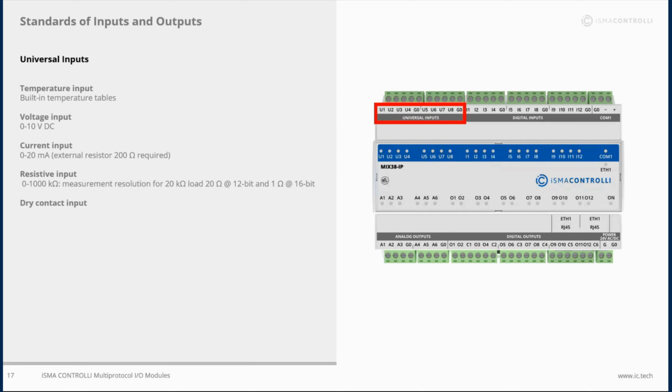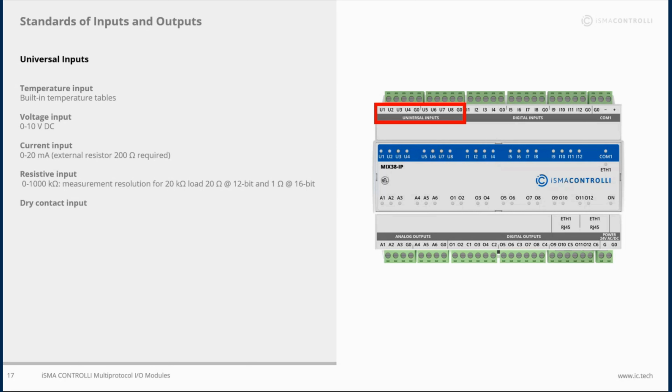The default one, when you take the module out of the box, is the 10K Type 2, but you can configure them in both Fahrenheit and Celsius within a few clicks using our tool or using the protocols for Niagara. There's a voltage input supported, current input, and a resistive input. The module can also work with the universal input as a dry contact input. So you have several types supported by just one input, and all of them are configurable.